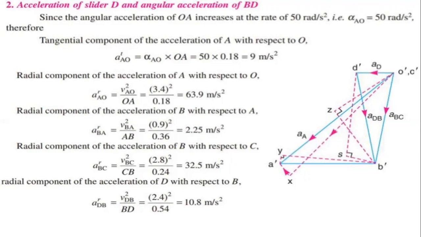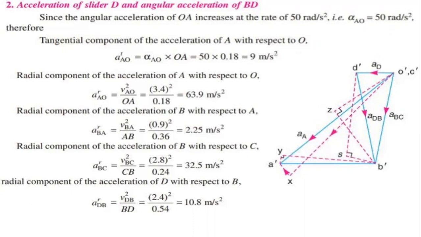So alpha of OA is equal to 50 and OA length is 180 mm, that is 0.18 meters. So in total we got the value 9 meters per second square.